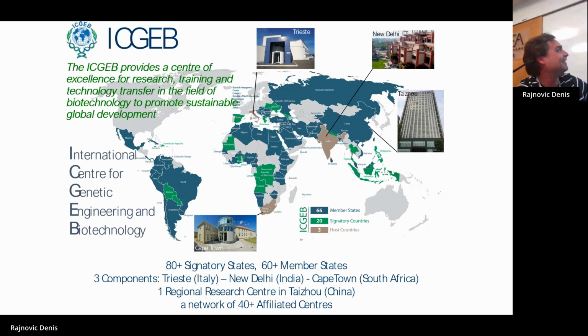On the map you can see all the member states in this network, and ICGB has 3 headquarters. The main one is here in Trieste, 20 meters from here. The biggest one is in New Delhi, and the third one is in South Africa. And I'm not sure if they opened one in China also, I believe.